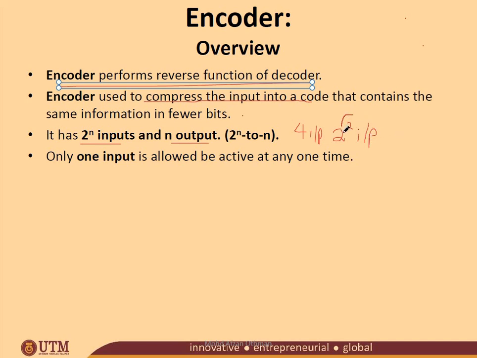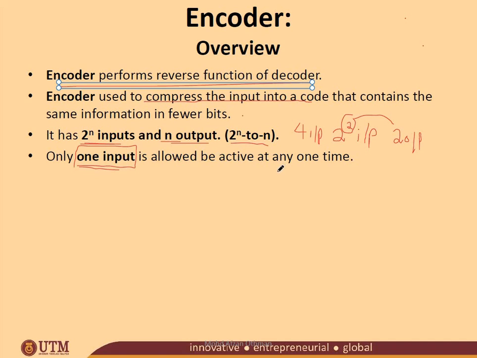Your output will be 2 outputs only, following this convention. So it is a 2^n to n connection. Only one input is allowed to be active at any one time.